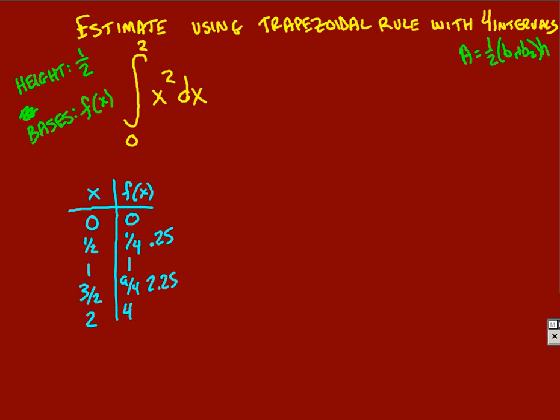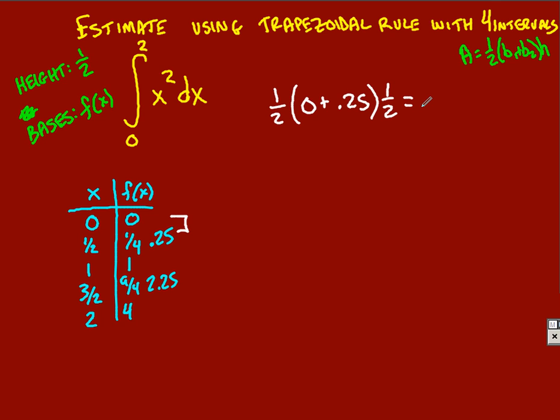So now, 4 intervals. That means I'm going to have 4 trapezoids in the end. The first one will be using these 2 f of x values as my bases. So the area is 1/2 times the sum of the bases, 0 plus 0.25, times the height. The height is my distance between, which we said was 1/2.